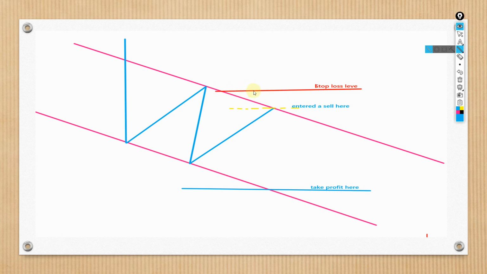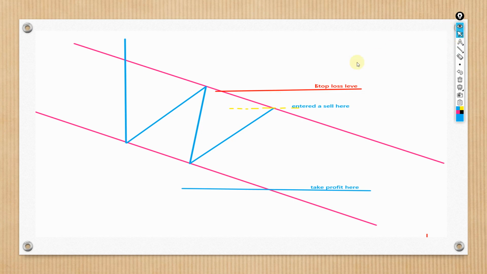So a stop loss will be there and your take profit will be there. The stop loss is simply the opposite of a take profit. Take profit, you exit with profit. Stop loss, you exit with a loss once the trade goes against you. So you are in charge. You have the power to control how much you lose, how much you gain.